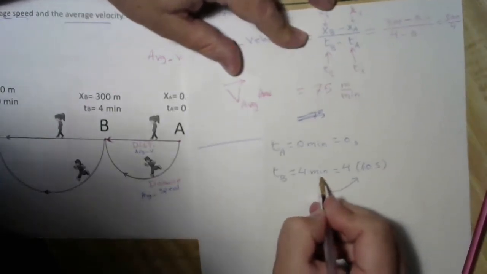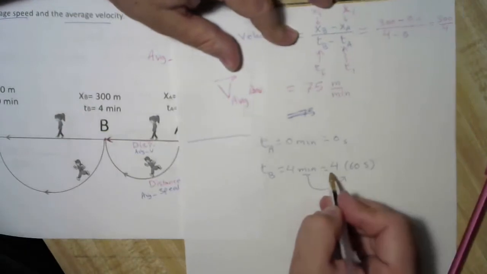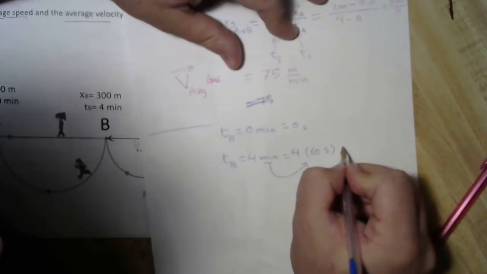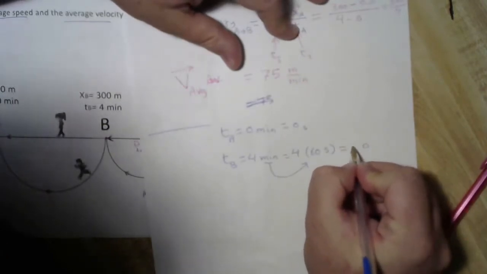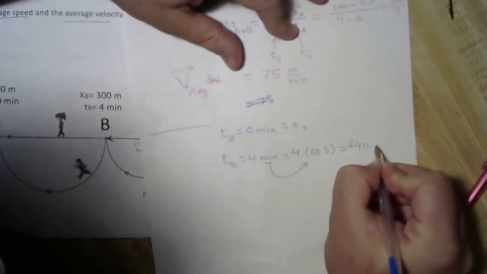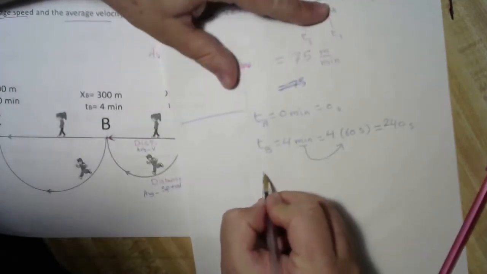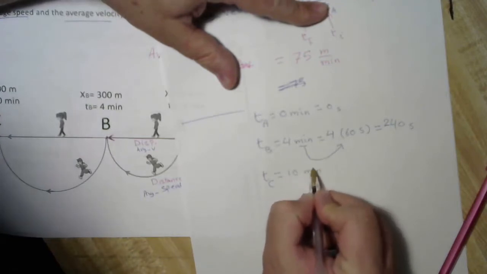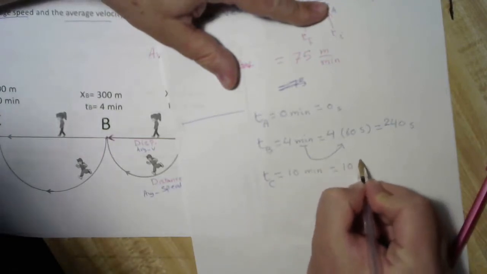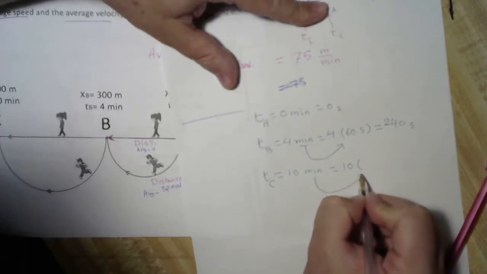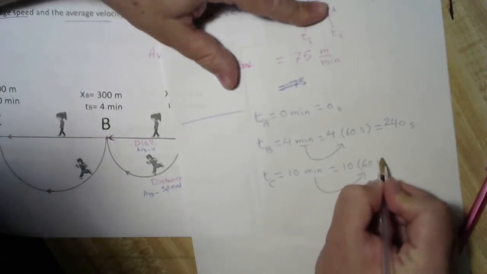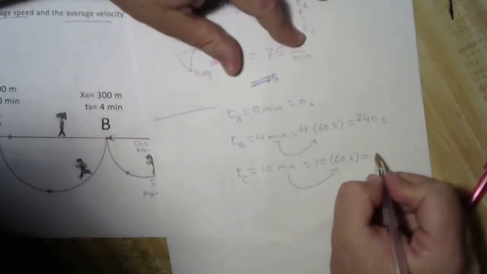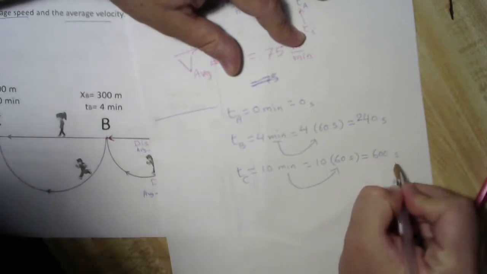So TB is equal to 240 seconds. TC is equal to 10 minutes, and each minute is 60 seconds, so T at C is equal to 600 seconds.